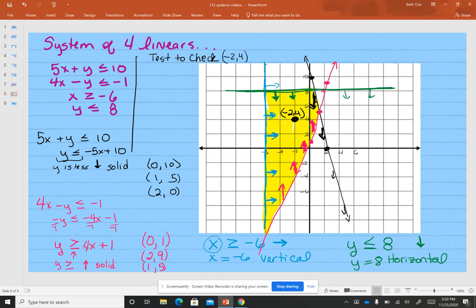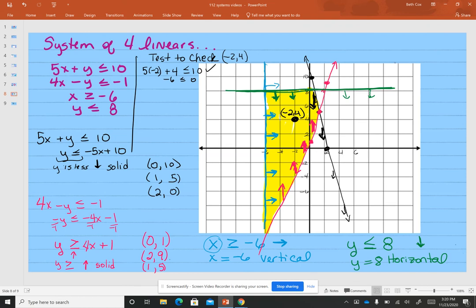And it should be true on every single problem. So let's do the first one. If I plug a -2 in for x and a 4 in for y, do I get a number less than or equal to 10? I do. I have -10 plus 4, which is -6, which is in fact less than -10. So it checked the first one.